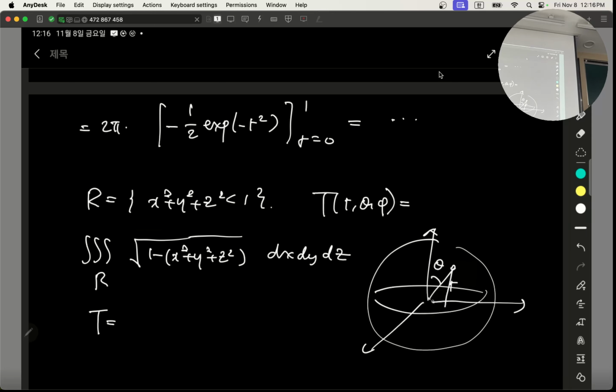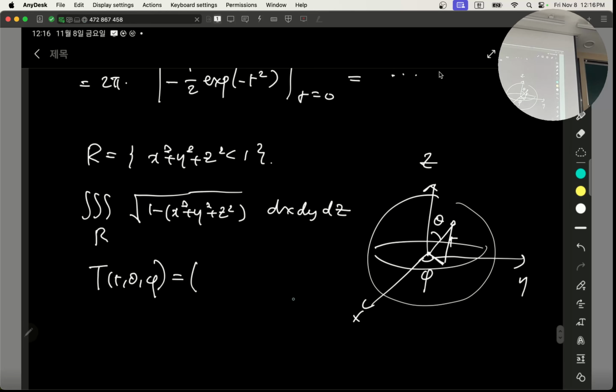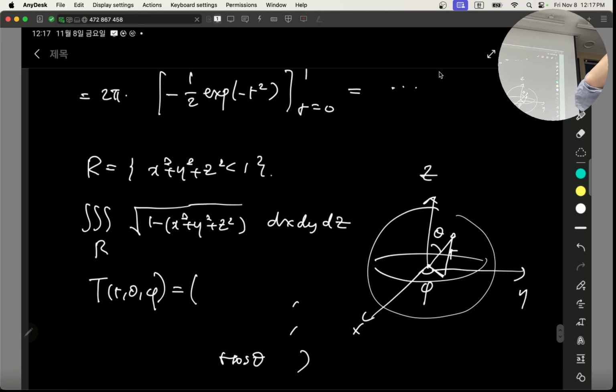Then when you take the projection here, and this is x and this is y, you get the angle between the projection line and the positive x-axis, that's theta. So the spherical coordinate says when you have r, theta, phi, you get the x, y, z coordinates. First of all, what's the z coordinate? The z coordinate is r cosine phi. And the x coordinate: when you project onto the xy plane, the radius is r sine phi.